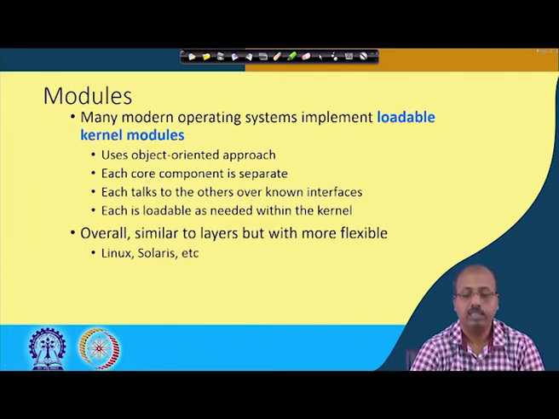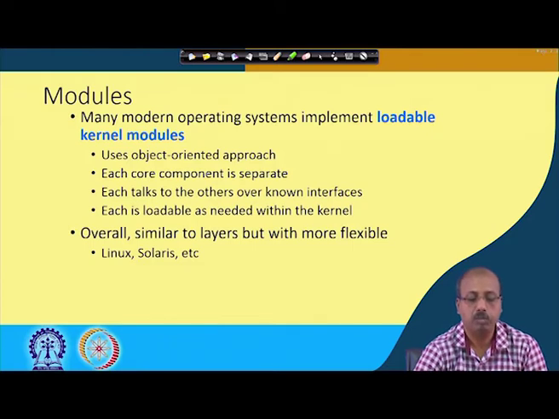Many modern operating systems implement loadable kernel modules. Loadable kernel modules mean that as and when required, the kernel modules will be loaded. So, the entire kernel is not loaded into the main memory at the time of booting. It uses an object oriented approach, which means we have interface and implementation parts separate, inheritance and all those properties of the object oriented approach.